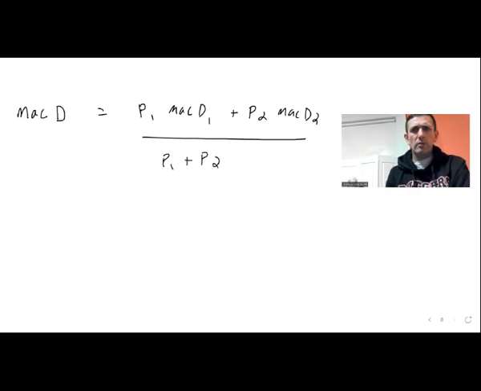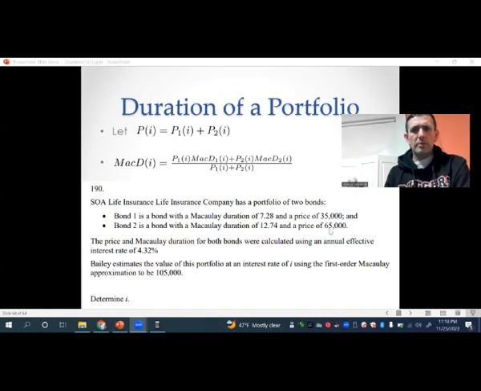Okay, go back real quick. P1 is 35,000, P2 is 65,000, 7.28 is the first Macaulay duration, and the second Macaulay duration is 12.74. Plug all that in.